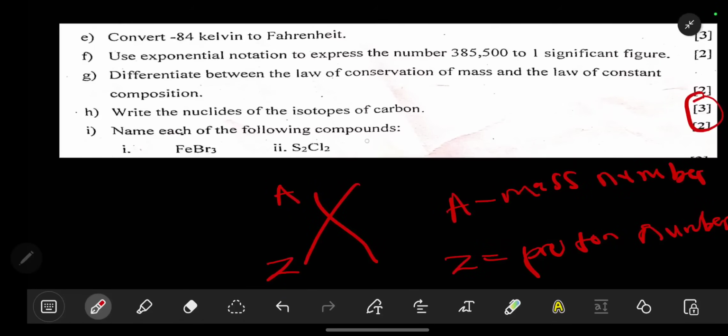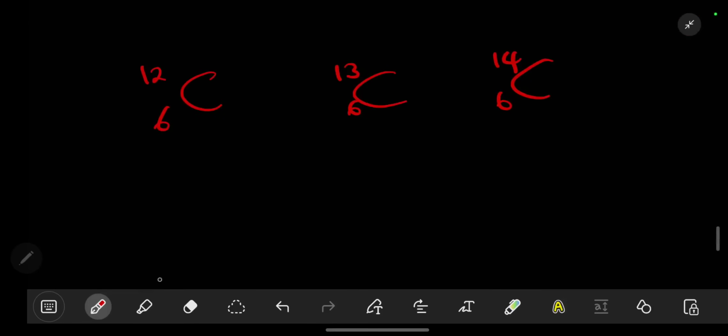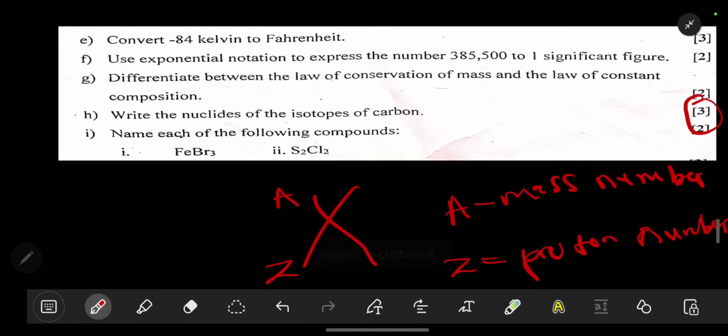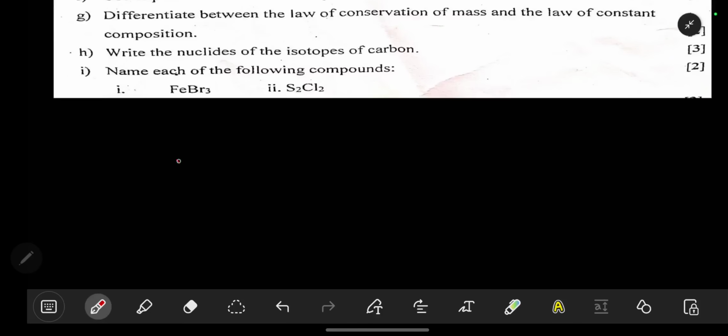Name each of the following compounds. We have FeBr3. If this is what we have, we are going to get our name.